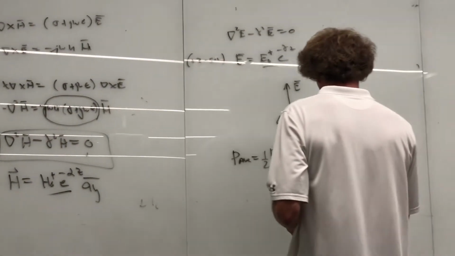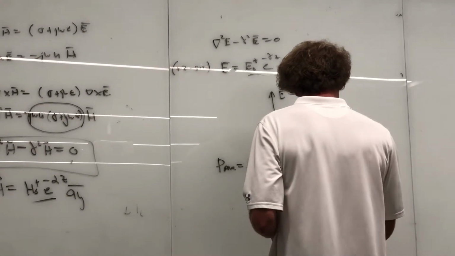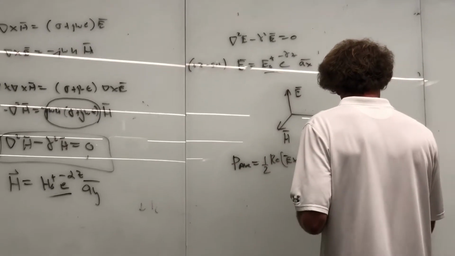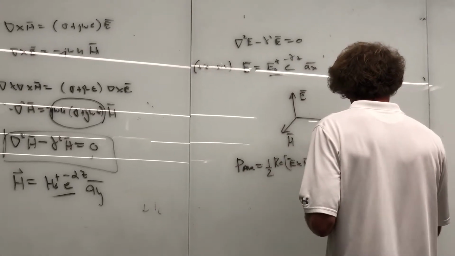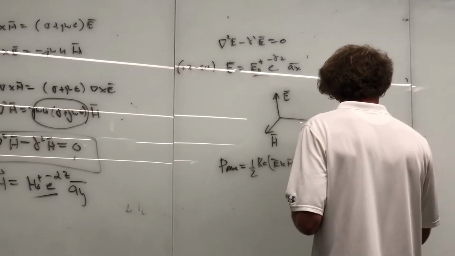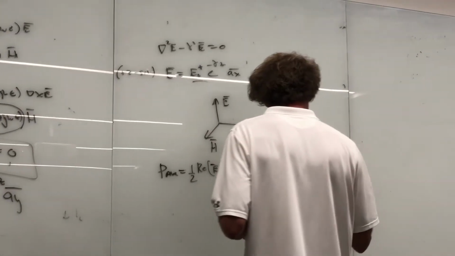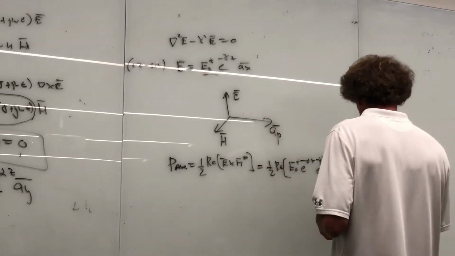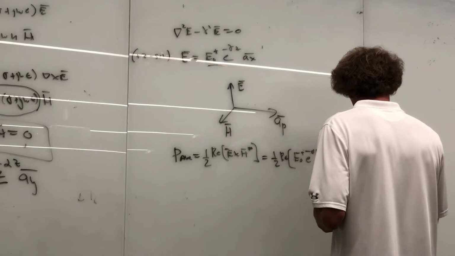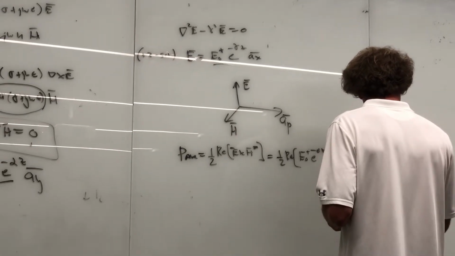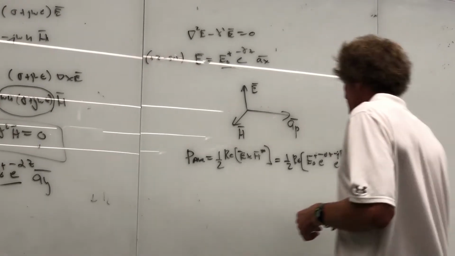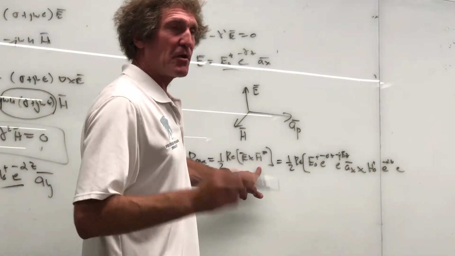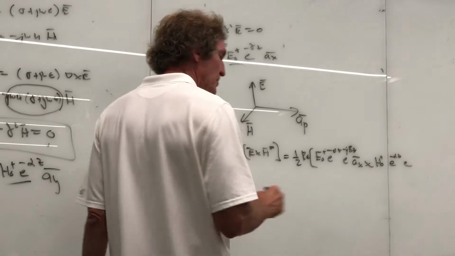So this is going to be equal to 1/2 the real part of E, right here, E naught plus e to the minus alpha Z, e to the minus j beta Z, AX crossed into H, and H is going to be H naught plus e to the minus gamma z, but H is conjugated here. And I'm just going to tell you one thing. Do y'all remember back in the day when you had circuits?